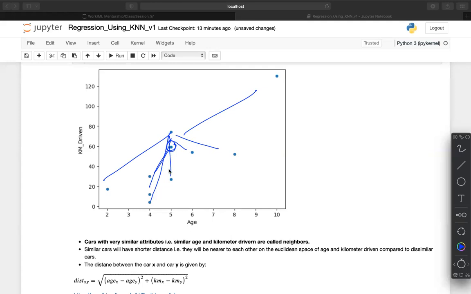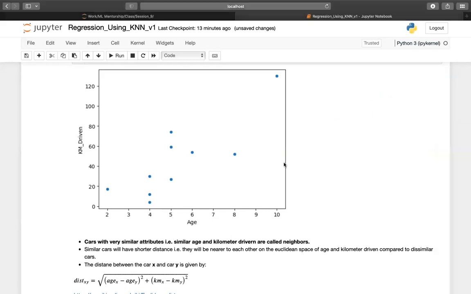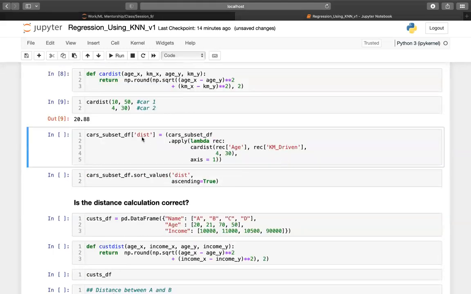So we'll calculate the distance with respect to all the remaining examples, and then we'll sort them by distance. The examples which have the minimum distance would be the nearer cars.